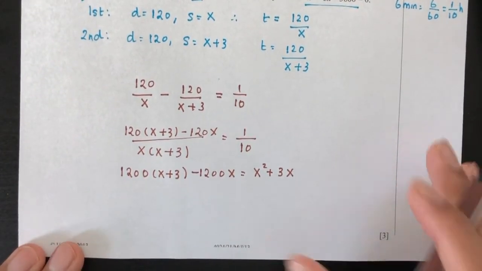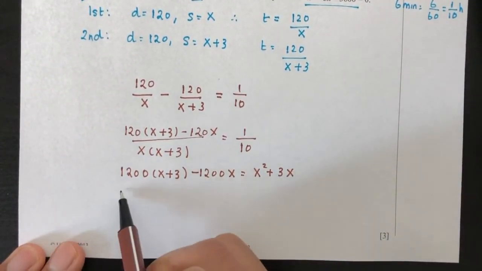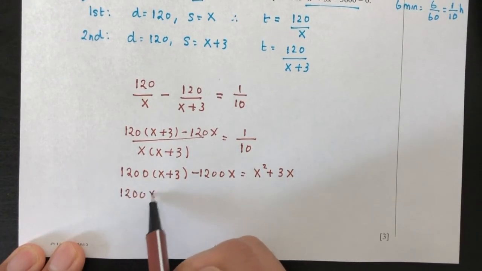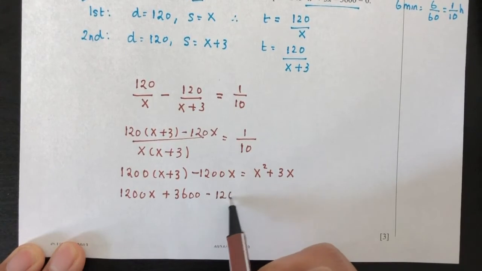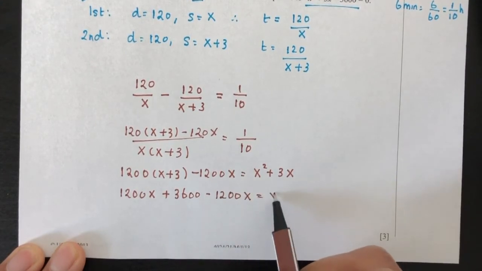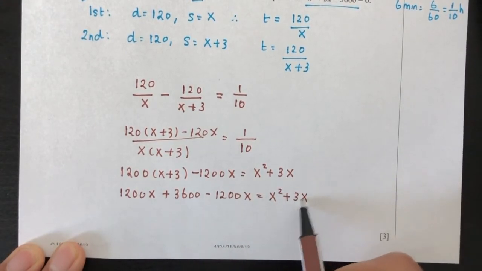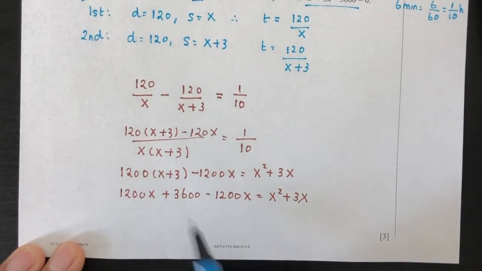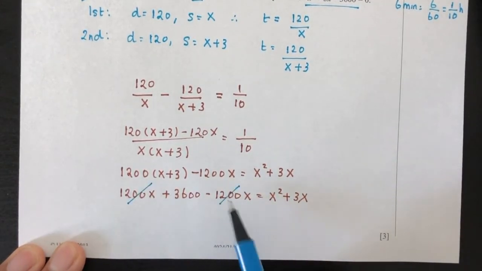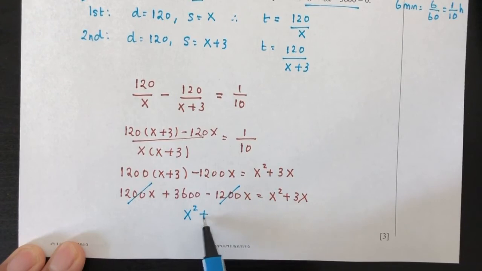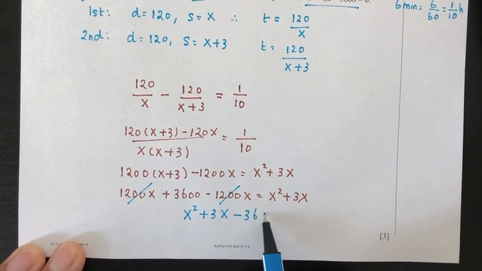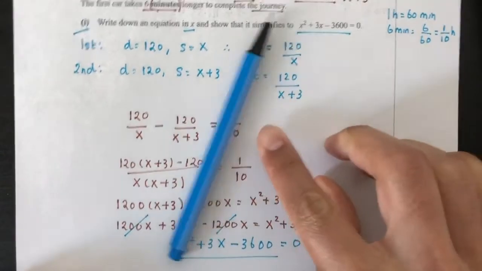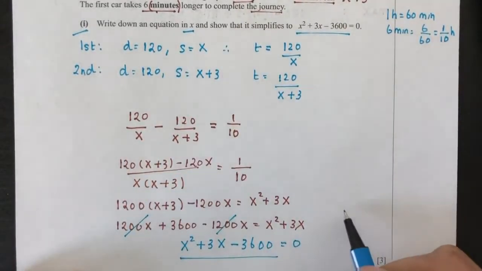Now let's simplify and see what happens. So here we have 1200x plus 3600 minus this equal to x squared plus 3x. Now simplify, these two will be cancelled out. So you will have x squared plus 3x. We send this one over here, it becomes minus 3600 equal to 0. This is the same as this, so it is shown as required.